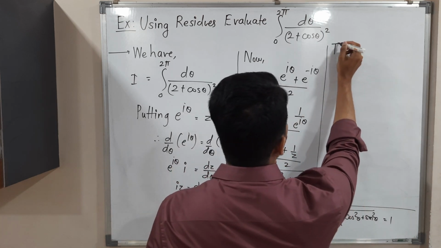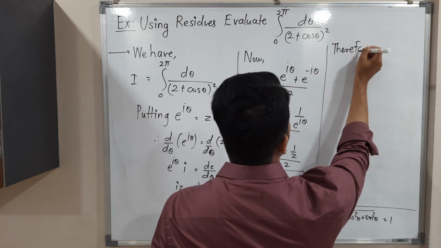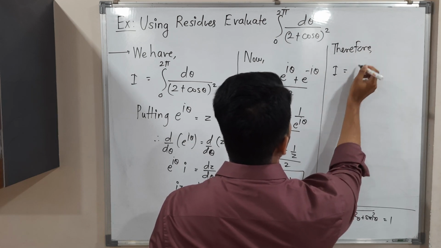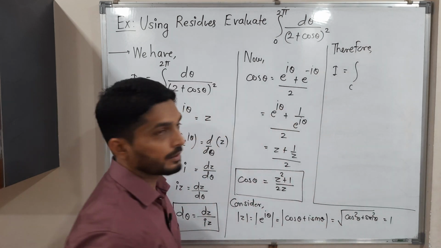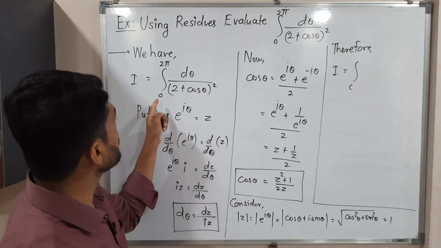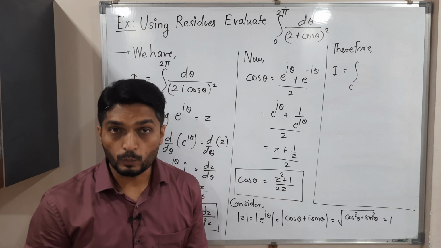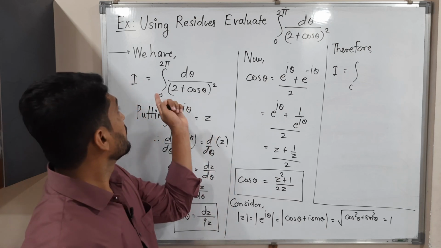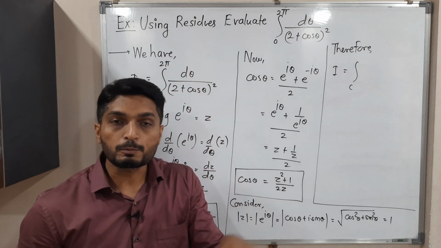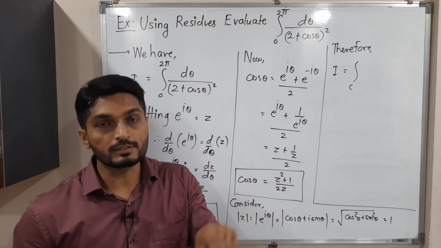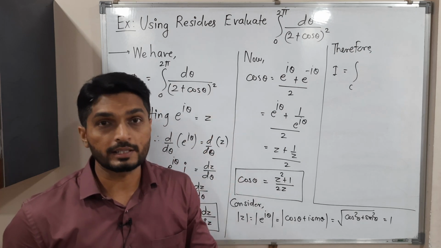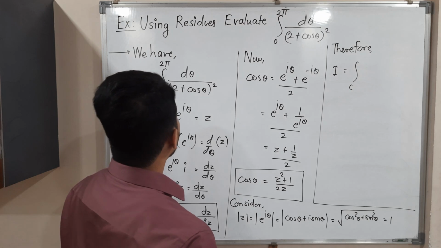Therefore, I is equal to integration over c. Actually, we have the integration 0 to 2 pi. But now we have got this c, mod z is equal to 1. The limits of theta 0 to 2 pi mean that we get a complete circle, since 0 to 2 pi means 0 to 360 degrees, right? d theta.